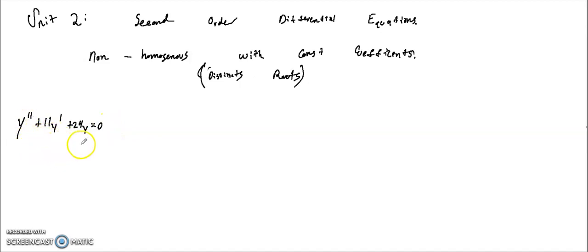We used this a little bit in our last video, but remember that what we do is we treat this like a quadratic equation, and we just use these coefficients for r squared, r, and then just no r.